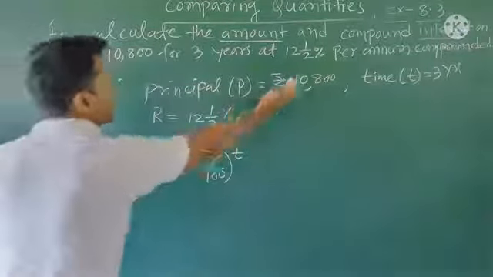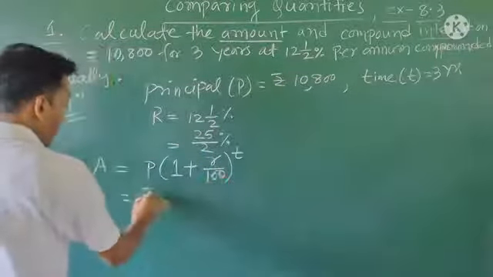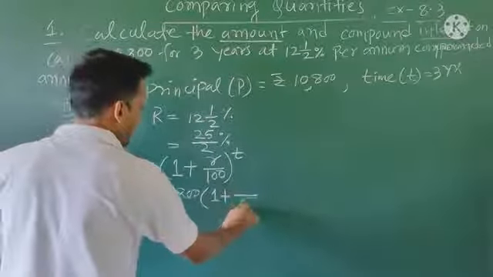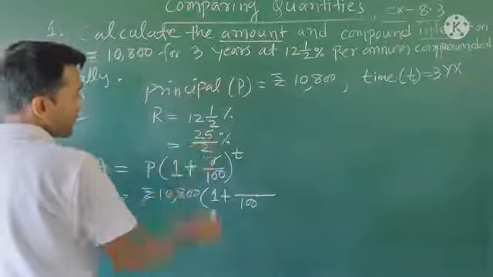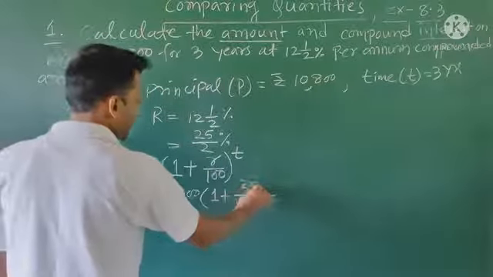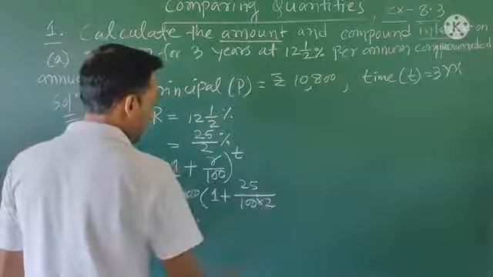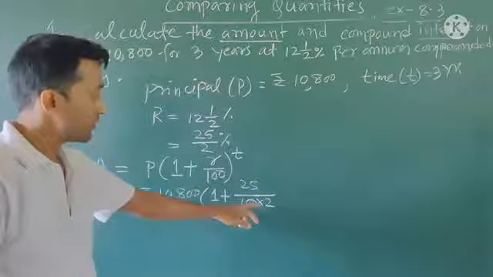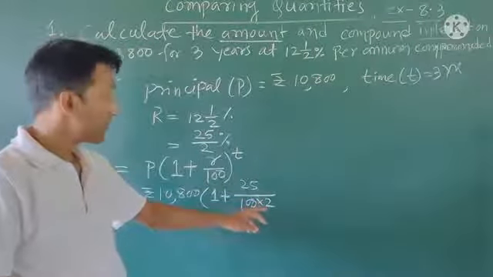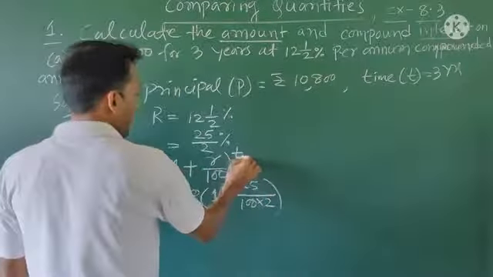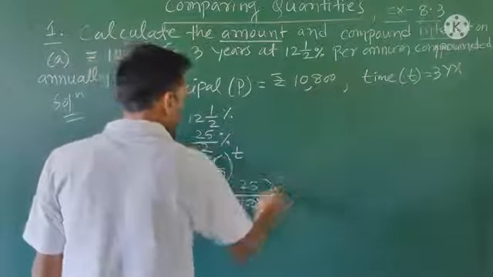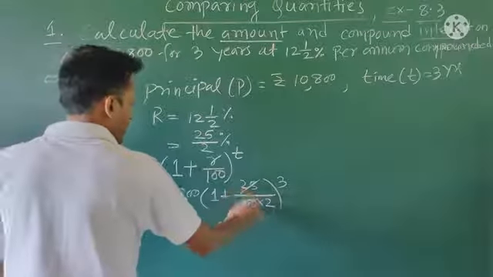Principal we have is 10,800, into 1 plus rate of interest by 100. Rate of interest is 25/2, so this denominator goes to the denominator position. 25/2 to the power time. Time we have is 3 years.